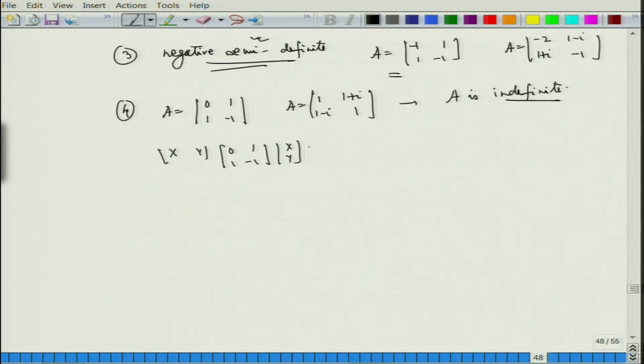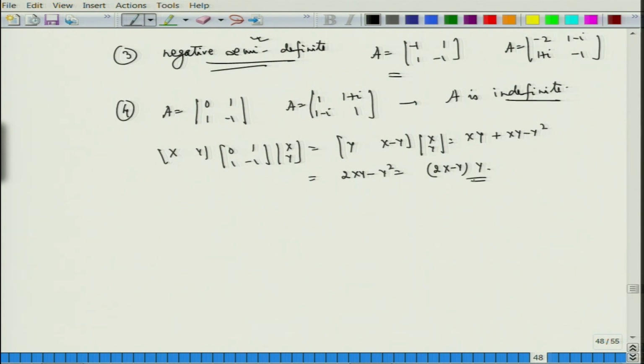I want to compute this. This is nothing but this into this is y, this into this is x minus y. So x minus y times xy, which is xy plus xy minus y square, which is same as 2xy minus y square, which is 2x minus y into y.